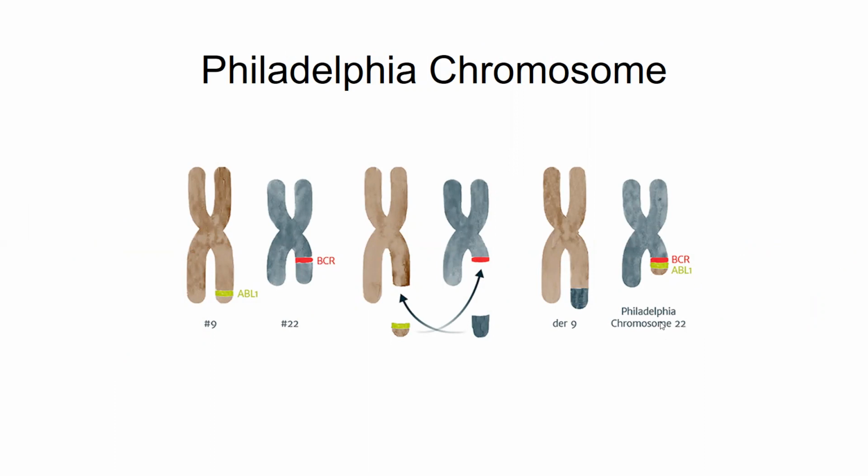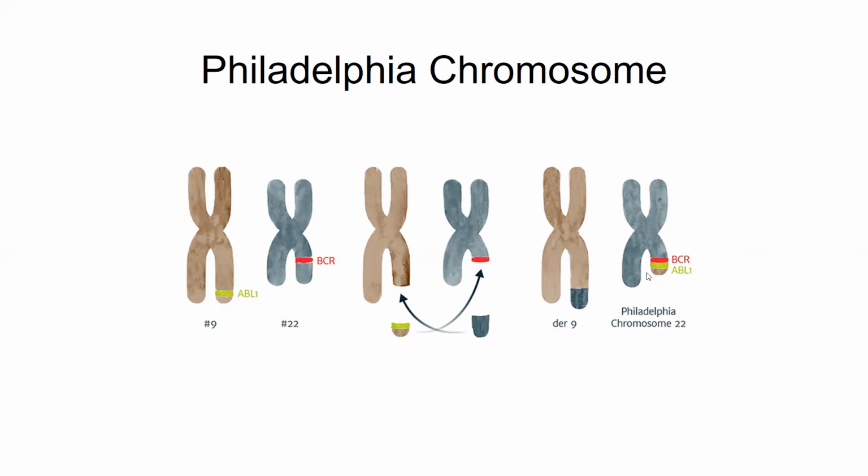It is defective and it is usually short because of translocation of genetic material between chromosome 9 and chromosome 22. So we have this translocation, and this segment of chromosome 22 goes here in chromosome 9, where this segment of chromosome 9 goes here in chromosome 22. This is the Philadelphia chromosome.